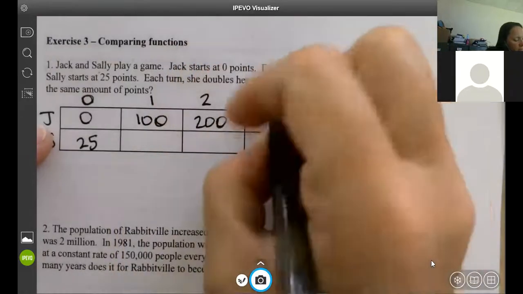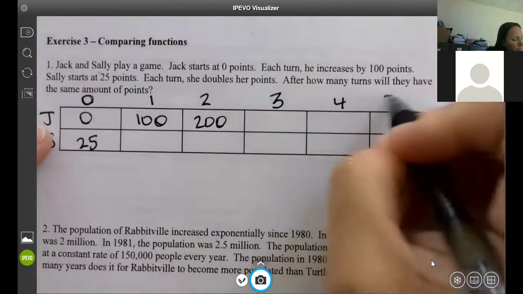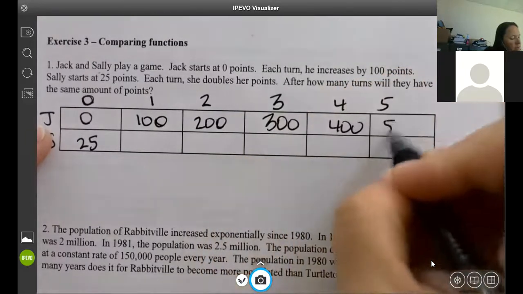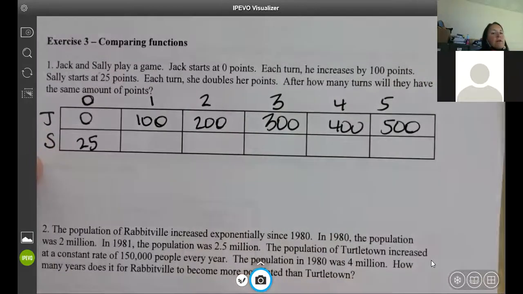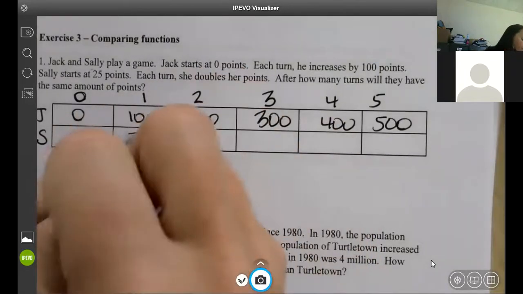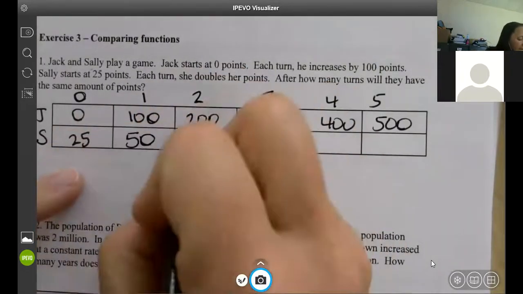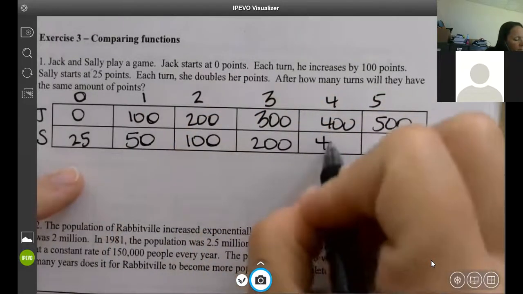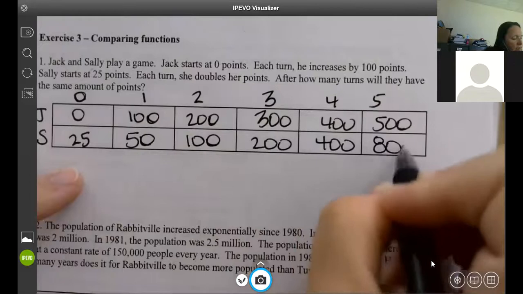Somebody else, turn 3. 4 is 400 and 5 is 500. Sally doubles hers. So after the first round, what is she going to have? Next. Keep going. And then? And then 800.